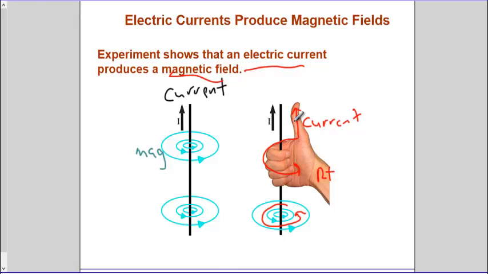So this upward current will cause a magnetic field in this orientation, as we can see in the picture. I guess it's counterclockwise according to the way we see things. If we ran the current in the opposite direction, down, our fingers would curl in the opposite direction, and the magnetic field just changes its orientation in space. We'll look at many examples of this.